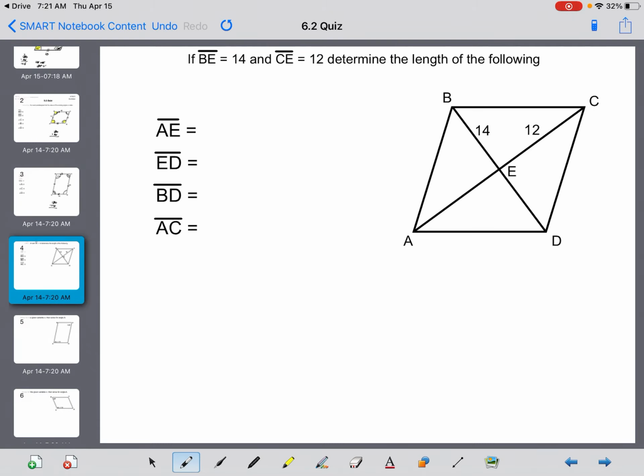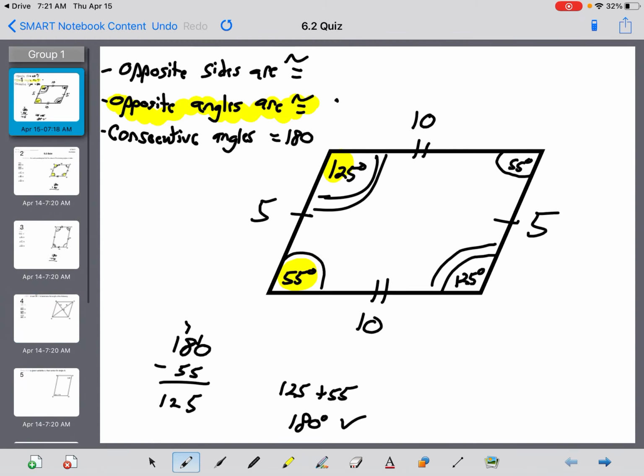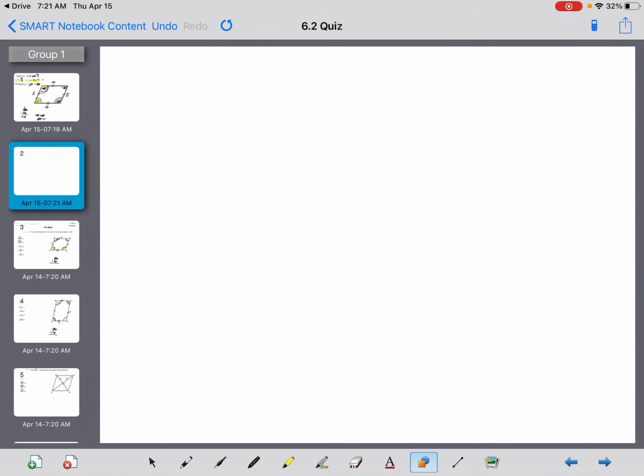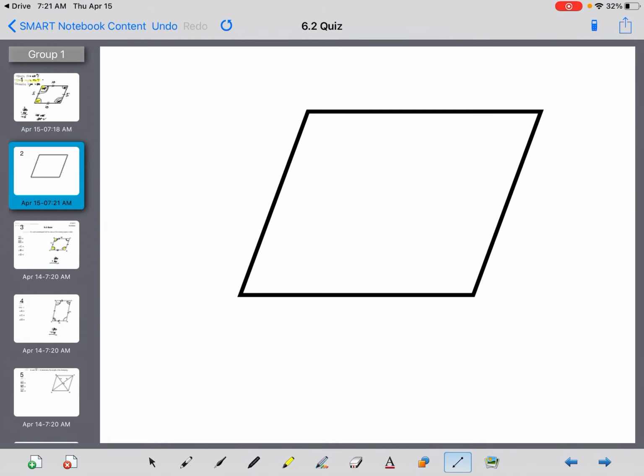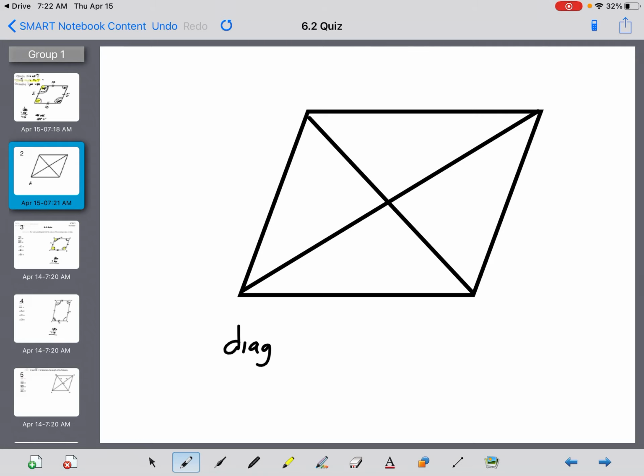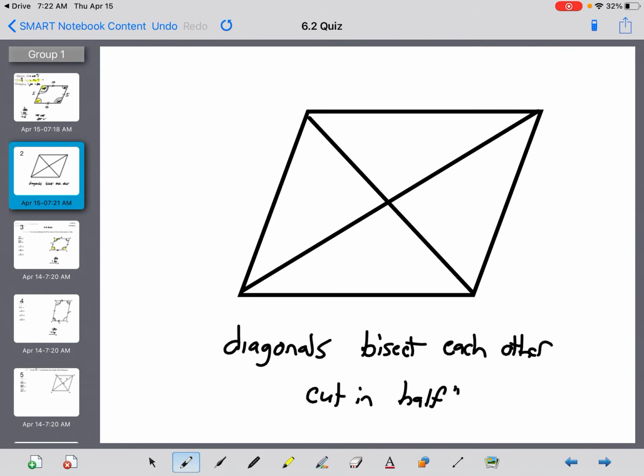Okay? Now, if you take a look at your next question here, if BE equals 14 and CE equals 12, well, that's the next part. You ready? If you have a parallelogram, then we know that the diagonals of that parallelogram bisect each other. Okay, bisect means to cut in half.